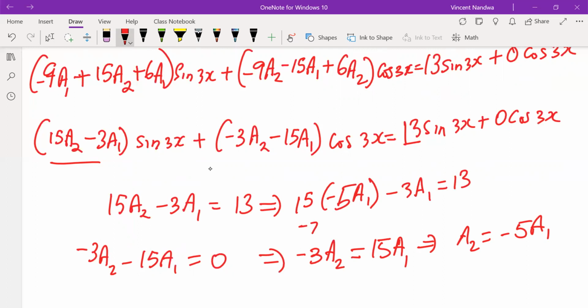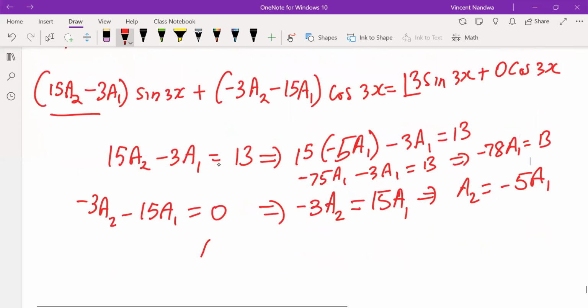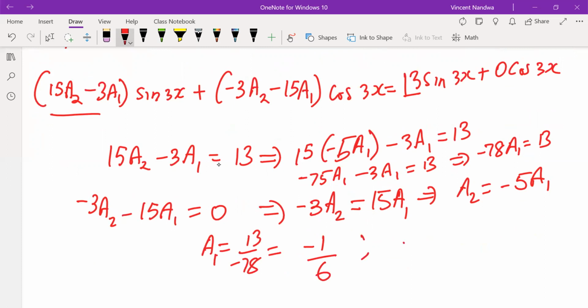So this is minus 75a1 minus 3a1 equals 13. This will give us minus 78a1 equals 13. And a1 will be 13 over minus 78, which will give us minus 1 over 6, which means a2 will be minus 5 times minus 1 over 6, which will be 5 over 6.